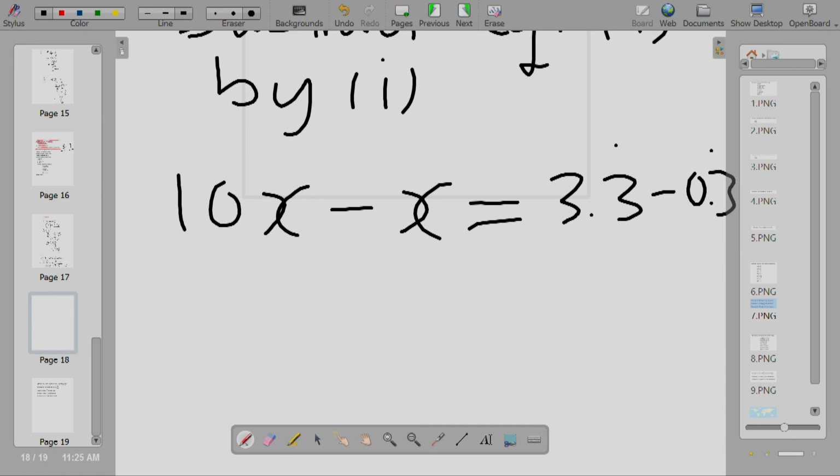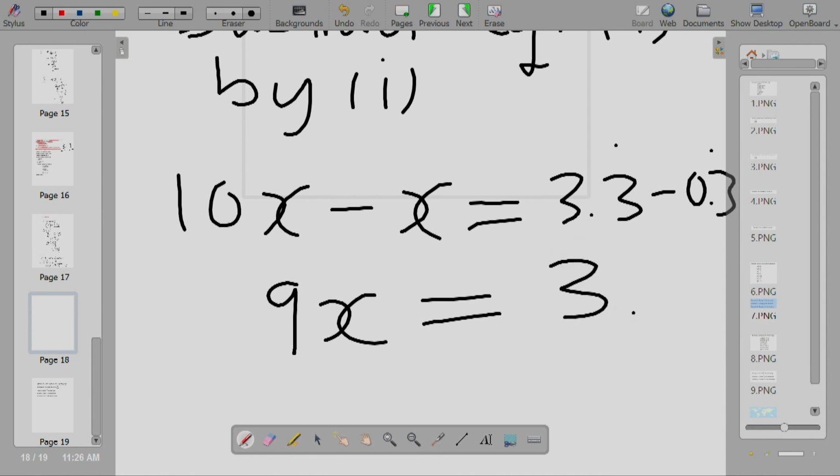So if you subtract x from 10x, we will get 9x equal to 3.3 dot minus 0.3 dot.